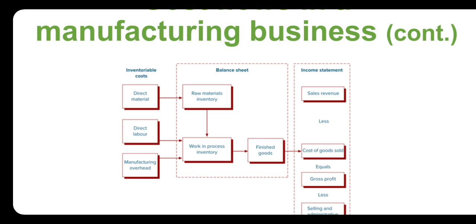At the same time, you also have to record the direct labor cost and the overhead cost in the work in process inventory account. So when the process of making the product is completed, you have to transfer the cost into the finished goods account, and then when you sell them, you have to transfer the amount and record it in the cost of goods sold.